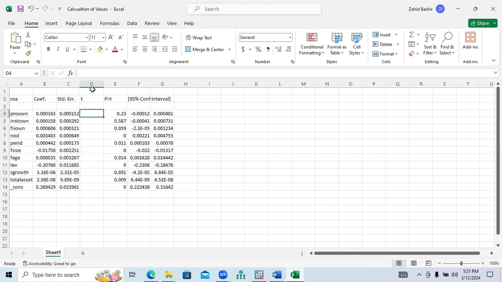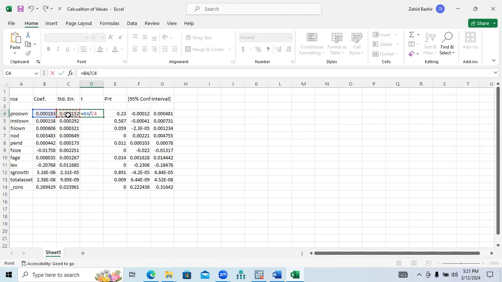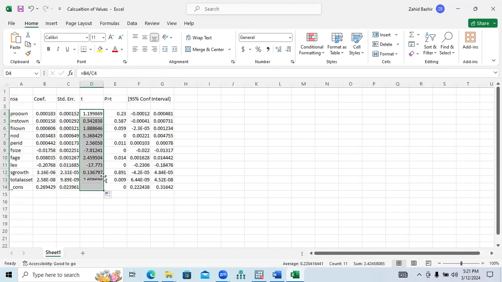Go to the t value column, press equal sign. Now put your coefficient value divided by your standard error value and press enter, and you will find t values like this. So a positive t value means your coefficient was positive. A negative t value means that your coefficient was negative.